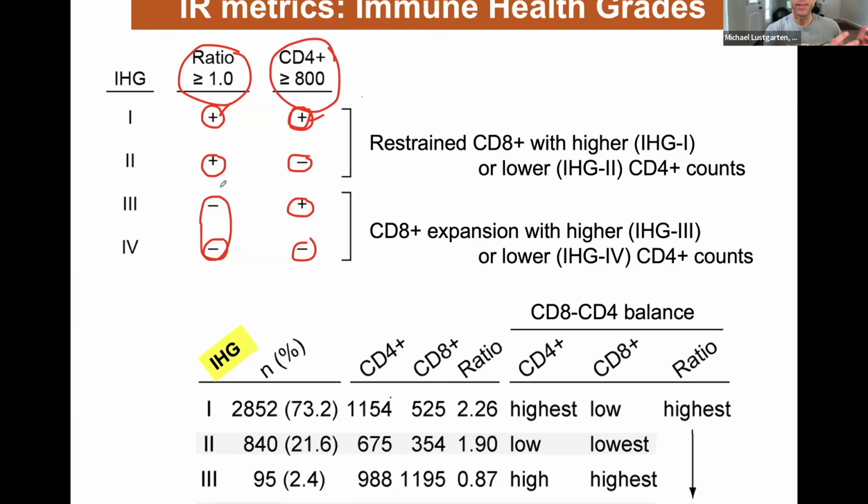But the population-based average, if you know that CD4s decline during aging in the average population, and your data is 800, 750, 700, 650, then I'm on a bad trend here. I need to do something to reverse that. So I look at the population-based averages as informing where your own directionality should be: aiming higher for CD4s and resisting age-related decline, and aiming lower for CD8s and resisting their age-related increase.